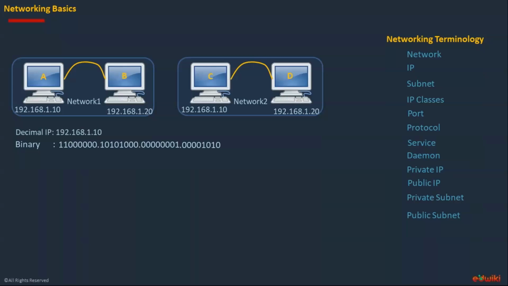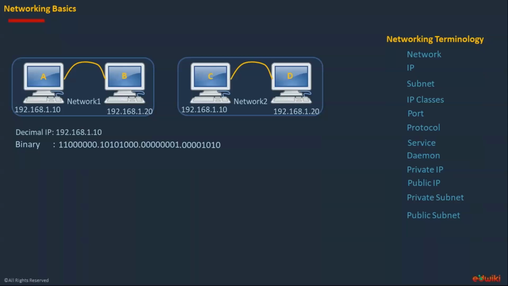The IP that you construct by following these IPv4 rules is in the decimal format. That means this IP is in a human readable, human understandable format.